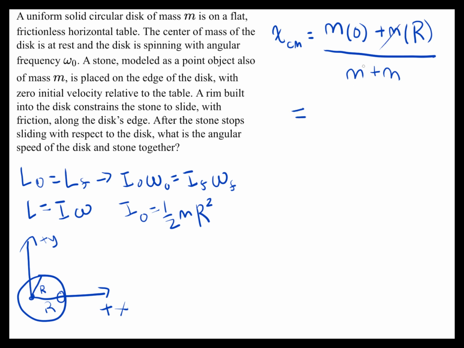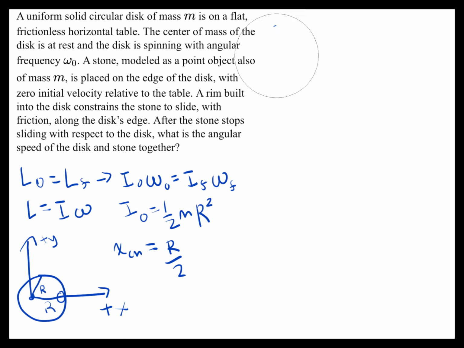The masses cancel, and we're left with r over 2. So the new center of mass is r over 2, or half the radius of the disk.